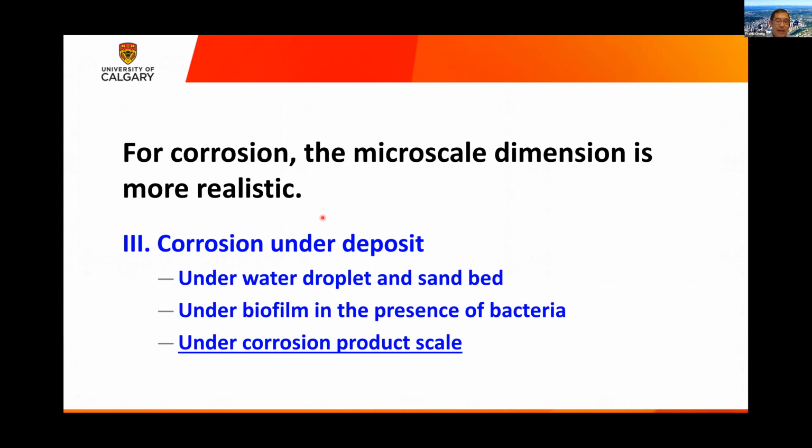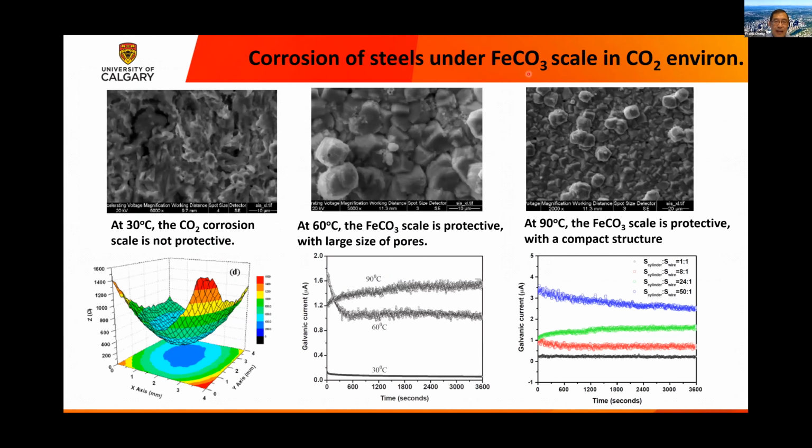Finally, micro-electrochemical techniques can also study corrosion under deposits. A typical example is a corrosion product scale. A typical corrosion product in a CO2 environment, the iron carbonate scale, has a different microstructure when formed at a different temperature.